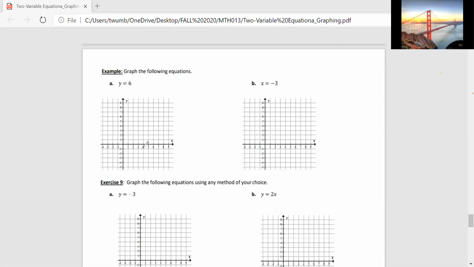Okay, y is equal to 6. So you just want to locate 6. This is 6 here. So the line that goes through 6 is going to be this graph. This graph here is going to be y equal 6. Okay, if you look at this, it's x. X equal -3 is somewhere here. So this line is going to be that line that you're looking for. Okay, it's not anything so big. That is how to graph this.